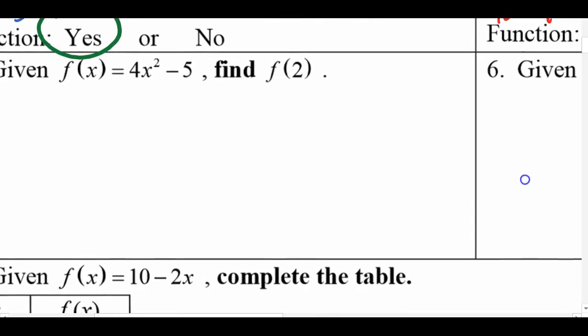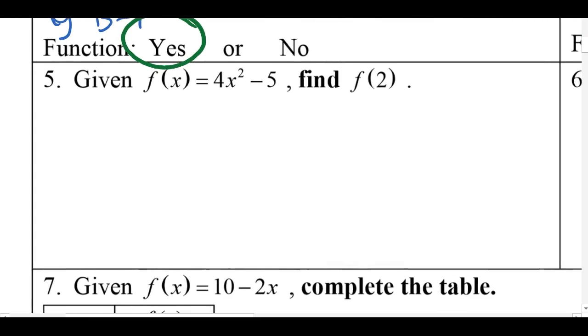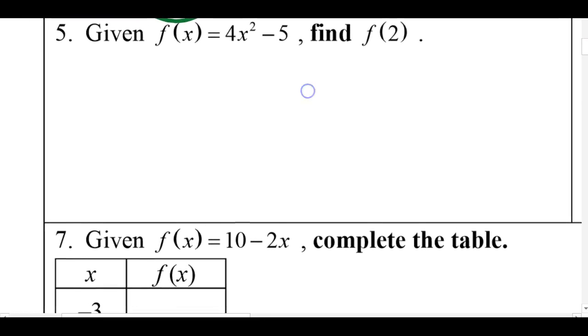Number 5. Zoom up a little bit. Okay, so number 5, you're given a function. The function is f of x, and it's equal to 4x squared minus 5. And then it says find the output of f of 2. In other words, take this number, which is our input, and we're going to plug it in.